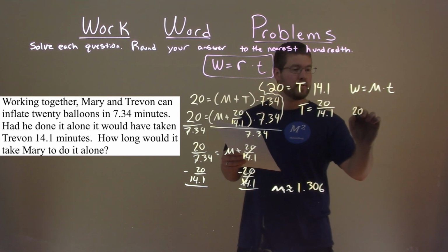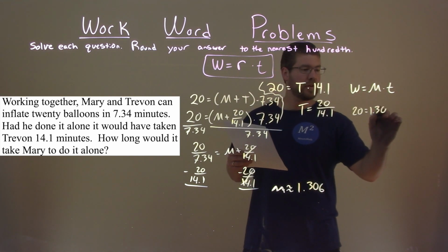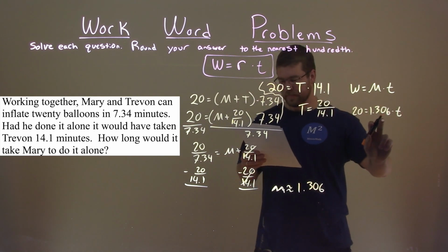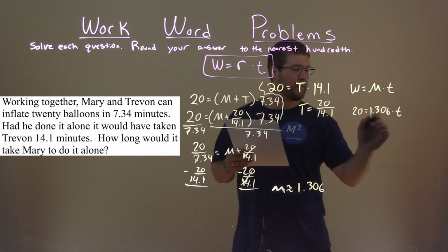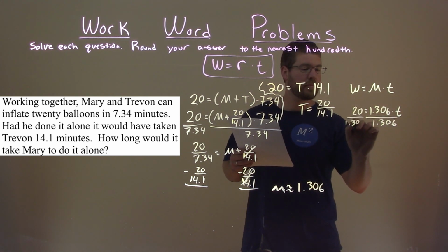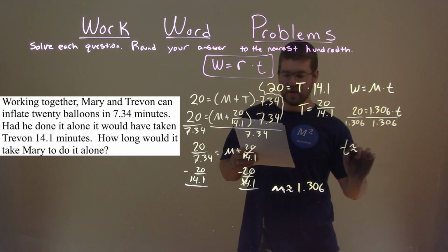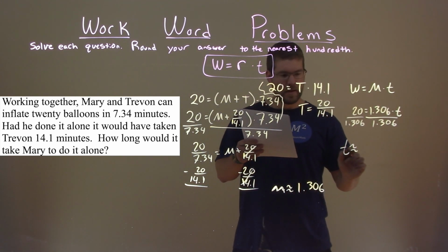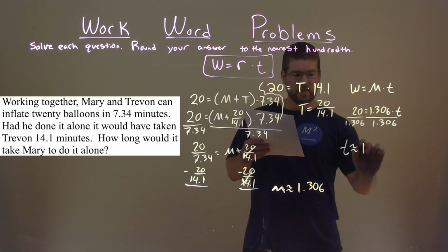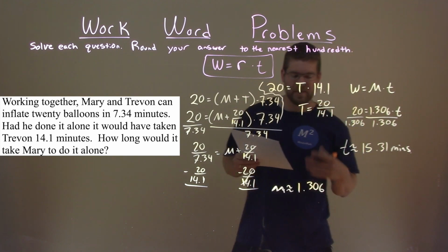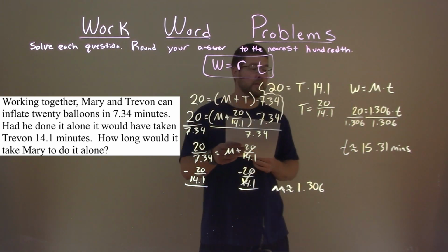So 20 balloons is equal to 1.306 times time. Now to get time by itself, we divide both sides by 1.306. And the time it takes Mary to inflate 20 balloons is approximately 15.31 minutes. And that is our final answer.